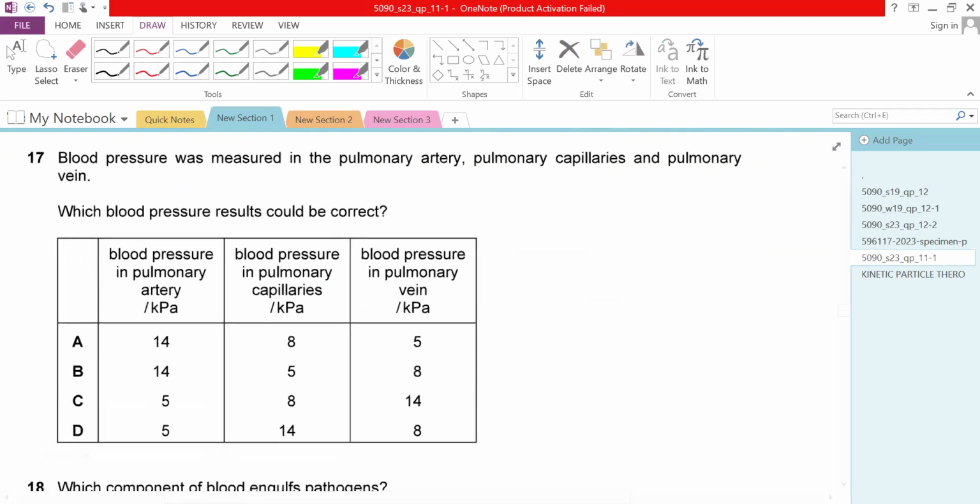Question number 17. The blood pressure was measured in the pulmonary artery, pulmonary capillaries, and pulmonary vein. Which blood pressure result would be correct? Let's read out the options. Pulmonary artery takes the blood away from the heart.